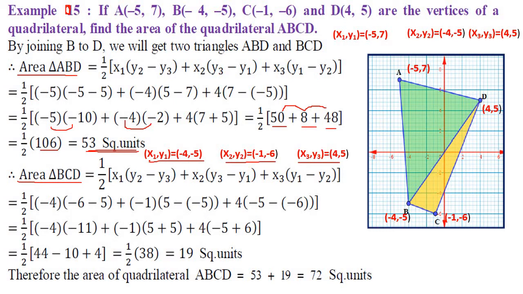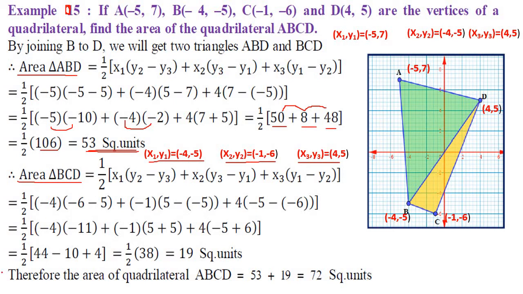Now let us substitute all the coordinate values in the given formula, half into x1 into (y2 minus y3) plus x2 into (y3 minus y1) plus x3 into (y1 minus y2).